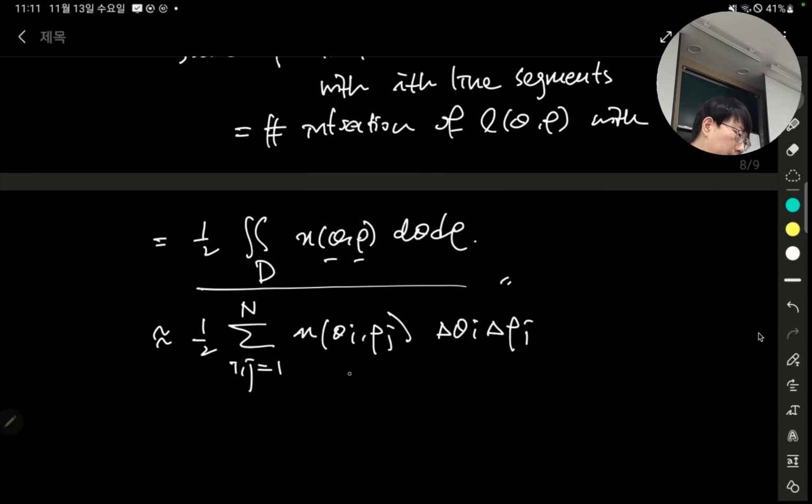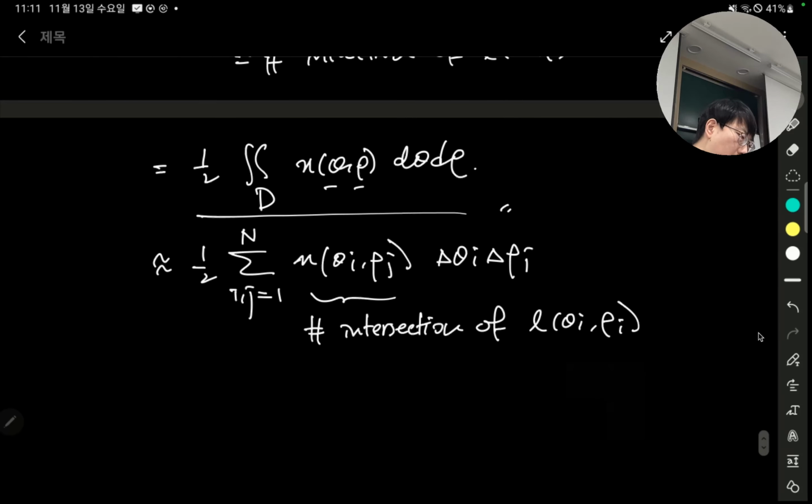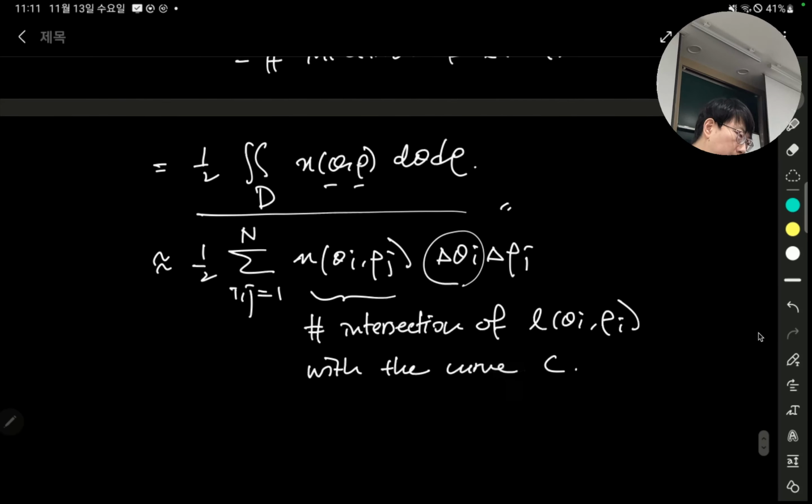Now, what does this mean? So this means that it's the number of, I'm going to write it again, intersections of L theta i rho j with the curve C. And what does this mean?